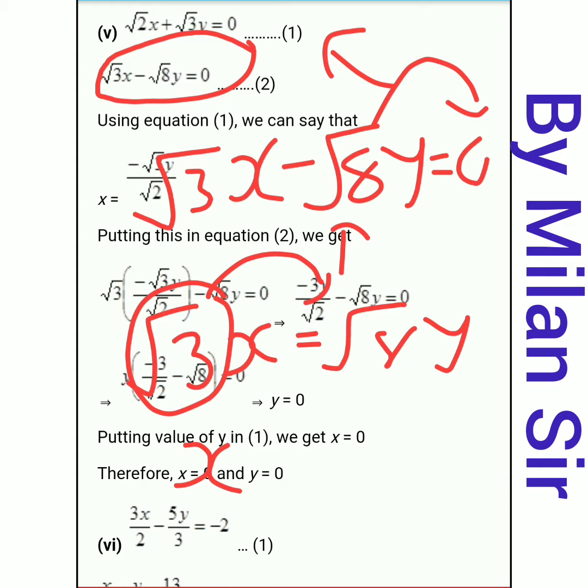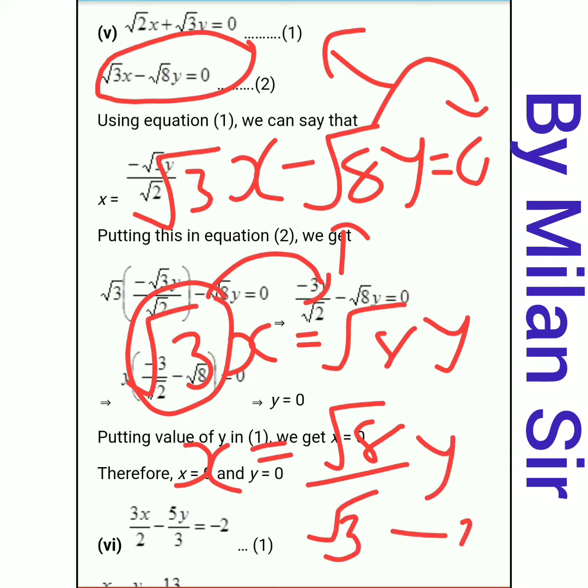Here it is in multiplication, so if we transfer it to the right hand side, it goes to the denominator. So x = √8y/√3. This is the value of x, and this is our equation number 3.